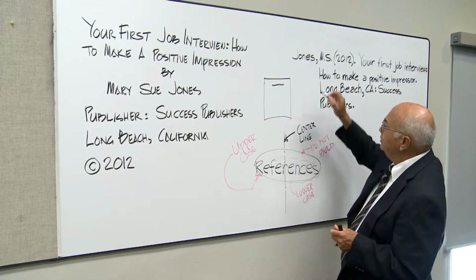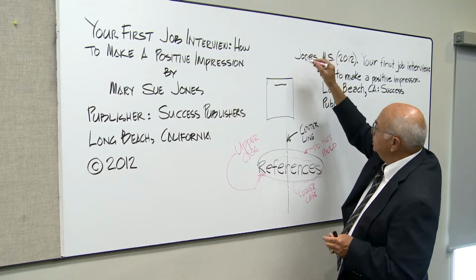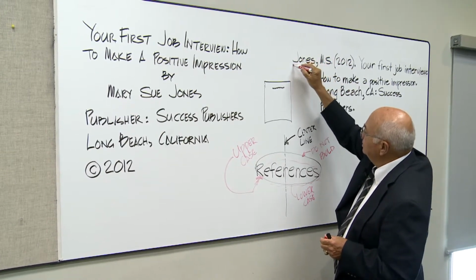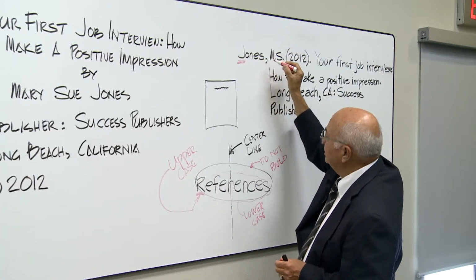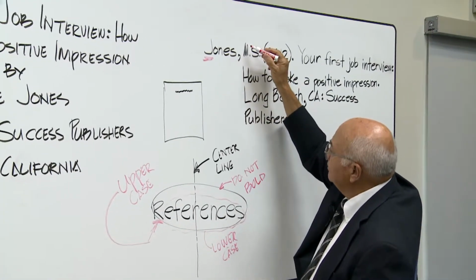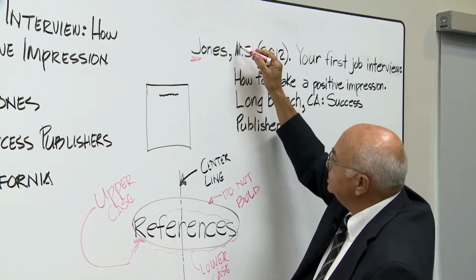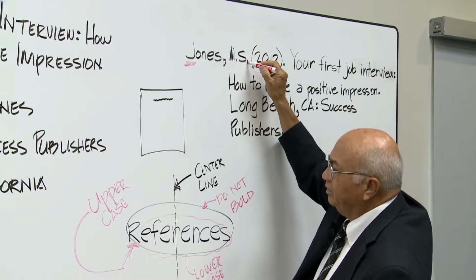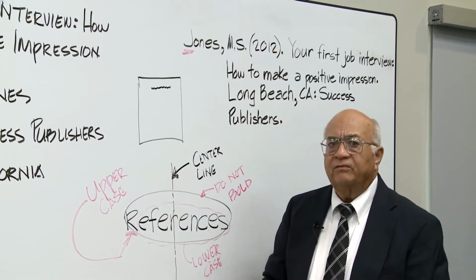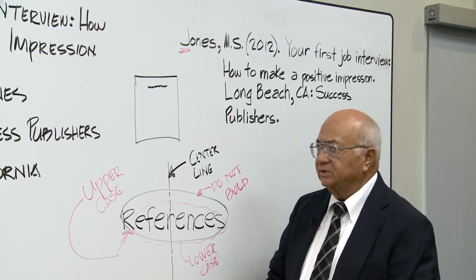We start with the author's last name, Jones, capital, lowercase, comma. Her first name is Mary, so we put M period, S period. We do not use first and middle names.